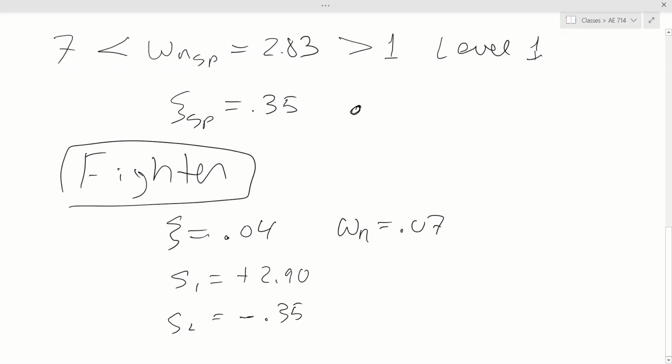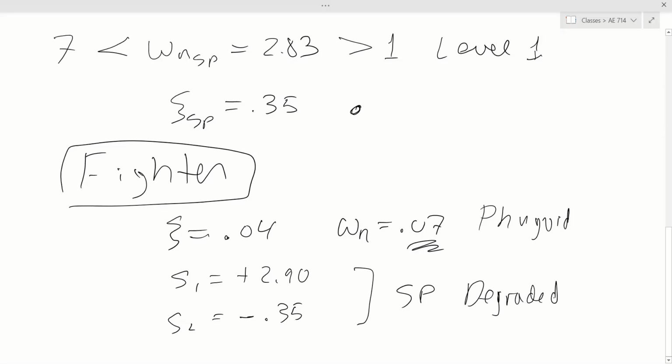So if you look at this, this looks kind of like a fugoid mode because it's low frequency, right? Short period is faster frequency. And this is what should be the short period mode, but it's degraded. And the first thing we notice is, well, definitely it's not going to meet any kind of specs because we've got an unstable mode here for the short period.